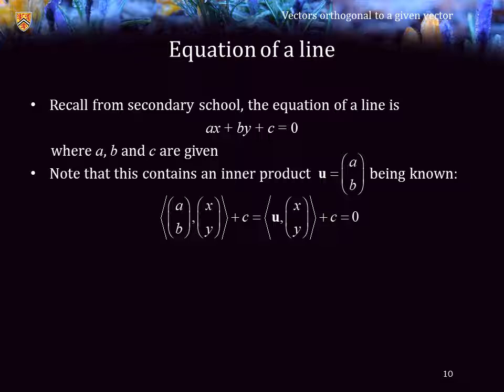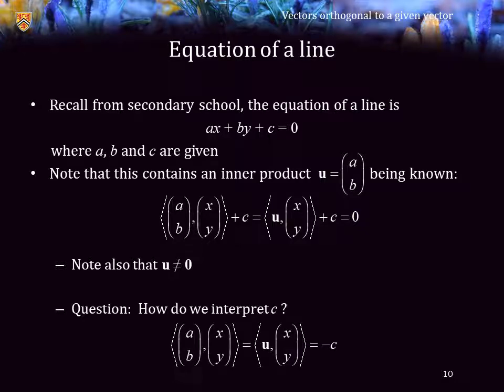Thus, the equation is this inner product plus c equaling 0. Note that for ax plus by plus c equaling 0 to define a line, at least one of a and b must be not equal to 0, and therefore the vector u is not the 0 vector.